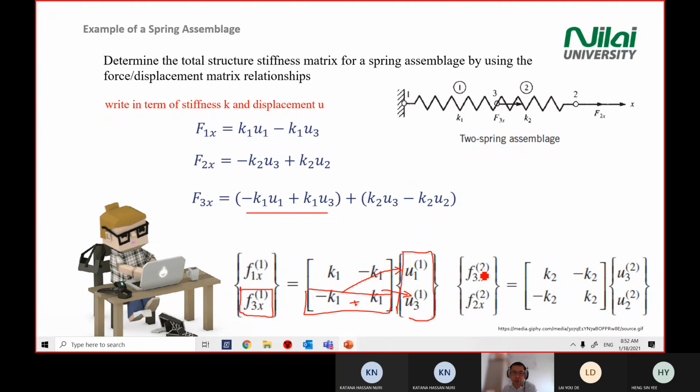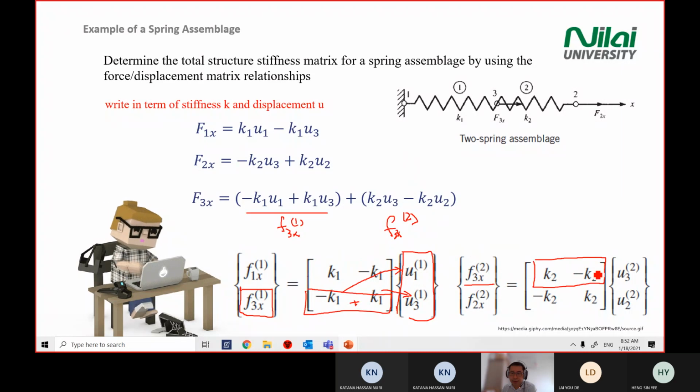Because you have two matrices, they will give you two terms of your F3x component. So this is F3x1. This is F3x2. Because for the second matrix, from here, you take the first row times the first column here.